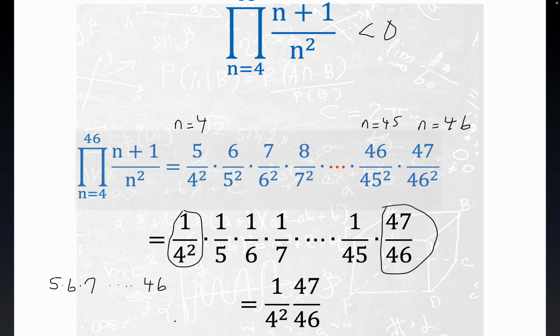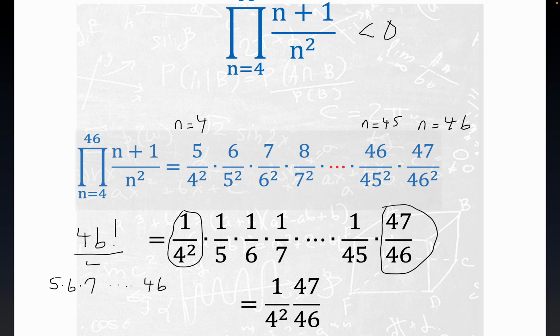But it's not, okay? So what we have to do is cancel out everything up to 4. So this object right here that I've written would be the same thing as 46 factorial divided by 4 factorial.